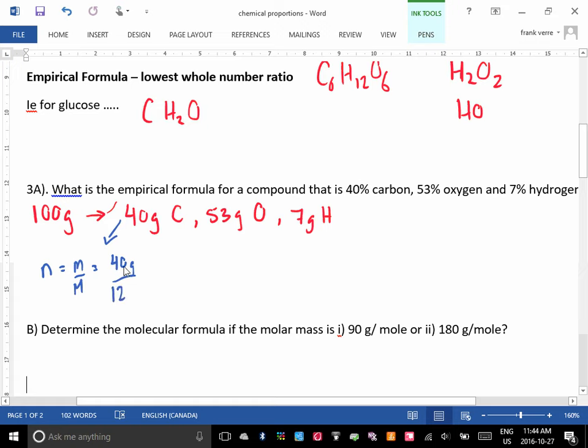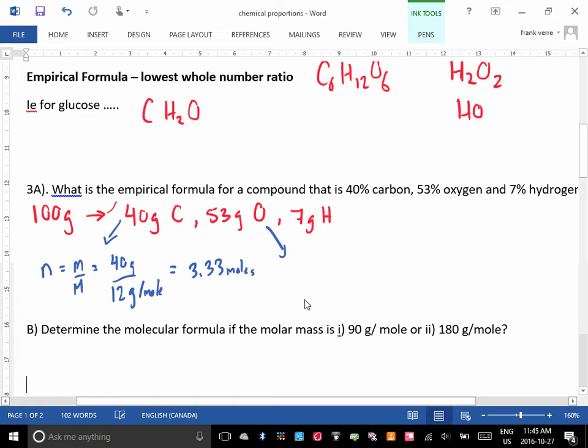I'm just going to round everything off here. 12 grams per mole. So what would 40 grams represent in terms of moles? 3.33 moles.